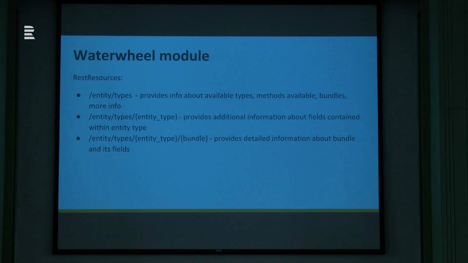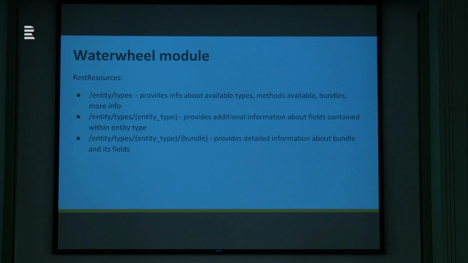So basically, the first one is entity types. It provides info about what types are available, what methods are available, what bundles, and where you can get even more info about this entity. So if you get this and pass the get parameter to the more info, you'll get a response which has even more information about this kind of entity.